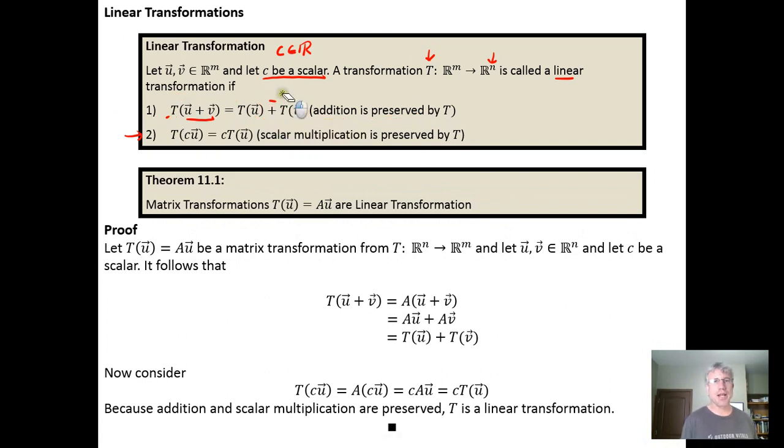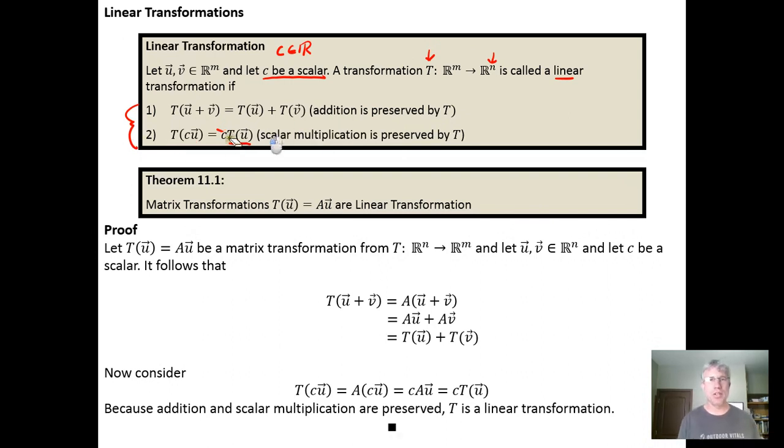And then the second criteria that has to be met is that we multiply a vector in Rm by a scalar C and then transform it. And if we get the same result as if we transform the vector first and then scale it, then we say scalar multiplication is preserved and we have met the two criteria that we need to be a linear transformation.